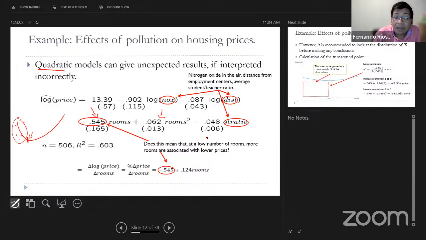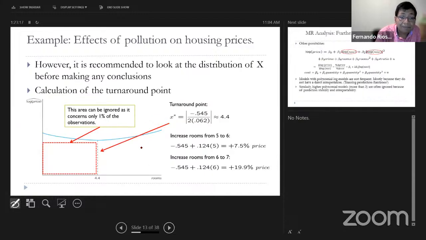Let's see. In this example, where I'm trying to relate the log of prices as a function of the log of contamination, the log of distance, the log of teacher student ratio, etc., I find that the inflection point was 4.4 rooms in the data.